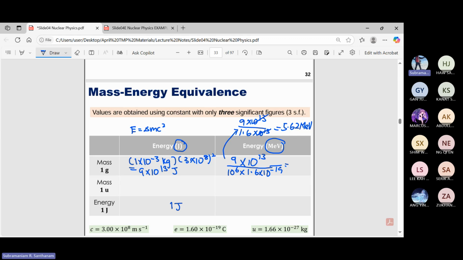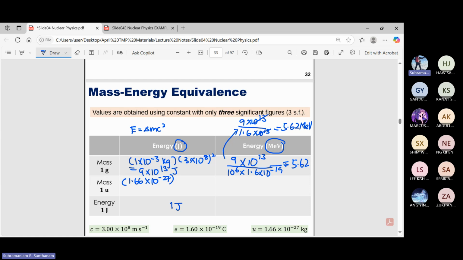So just now when you worked out, this is okay, you have 5.62. Now try to work for 1 u. If it is 1 u, your mass defect is 1.66, because 1 u is equivalent to 1.66 times 10 power of minus 27 kg.